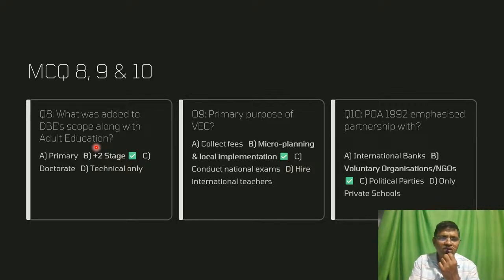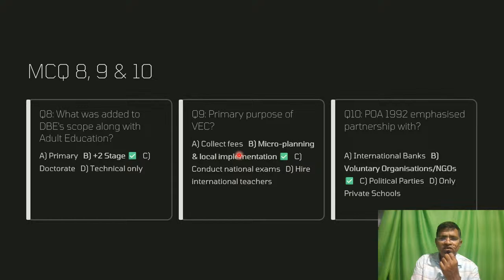Is it primary, plus two stage, doctorate, or technical only? Along with adult education, the plus two stage was added to the DBE. Option B.